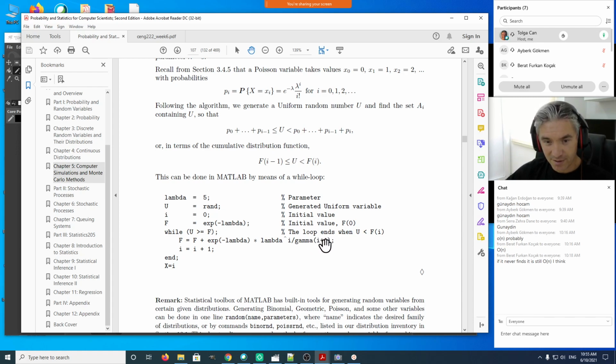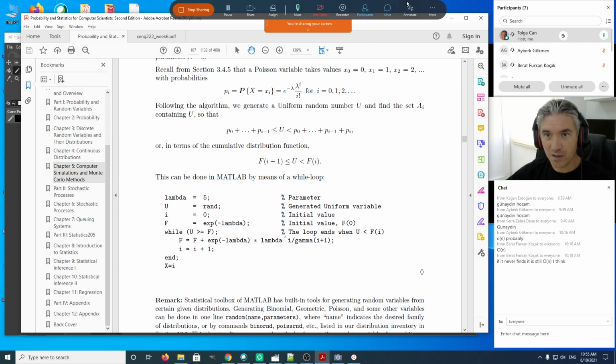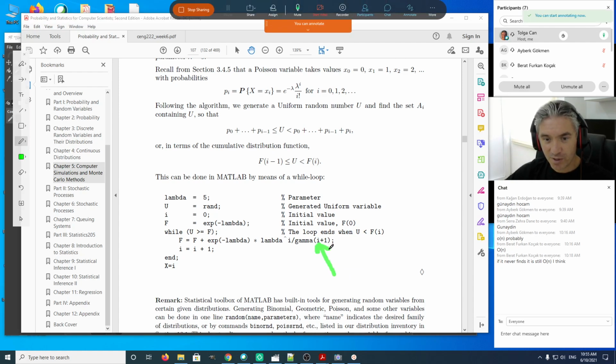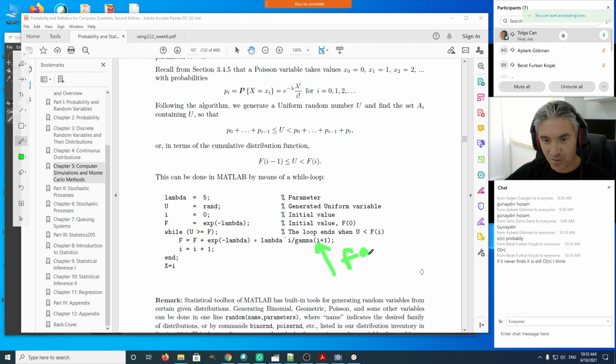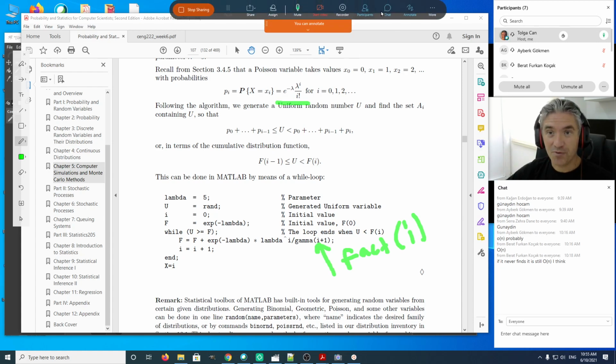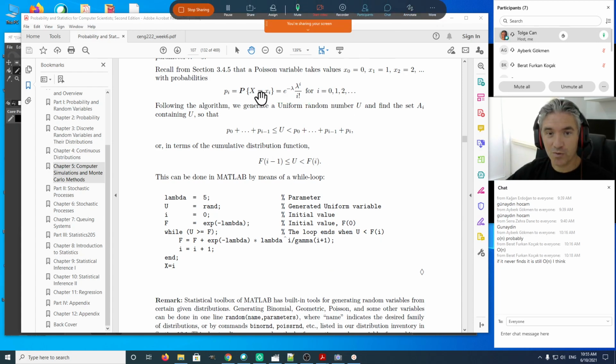So gamma of I plus 1 is the factorial of I. I think in MATLAB the factorial function doesn't exist as such, which is why they use the gamma function here. So gamma of I plus 1 is the same as factorial I, which is the same thing in this formula. So this is our PMF, the probability that the Poisson variable is equal to some number.